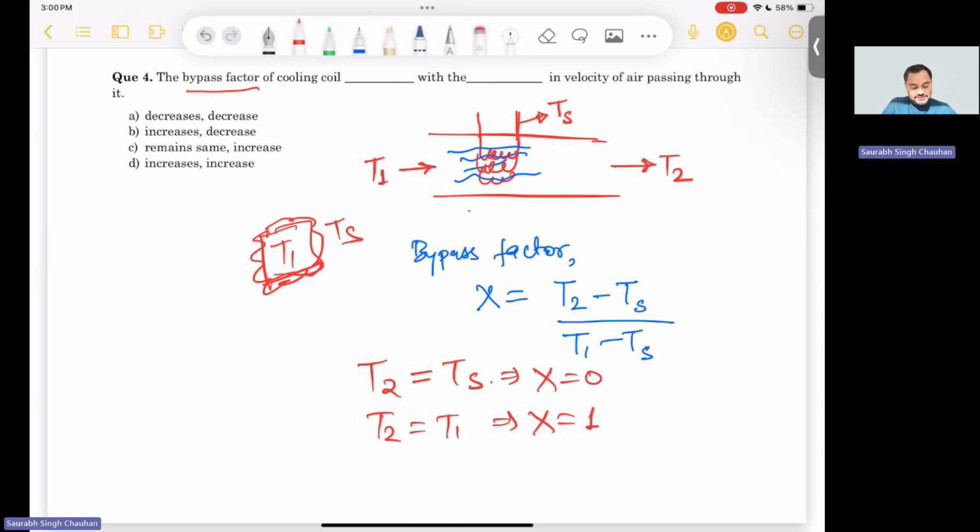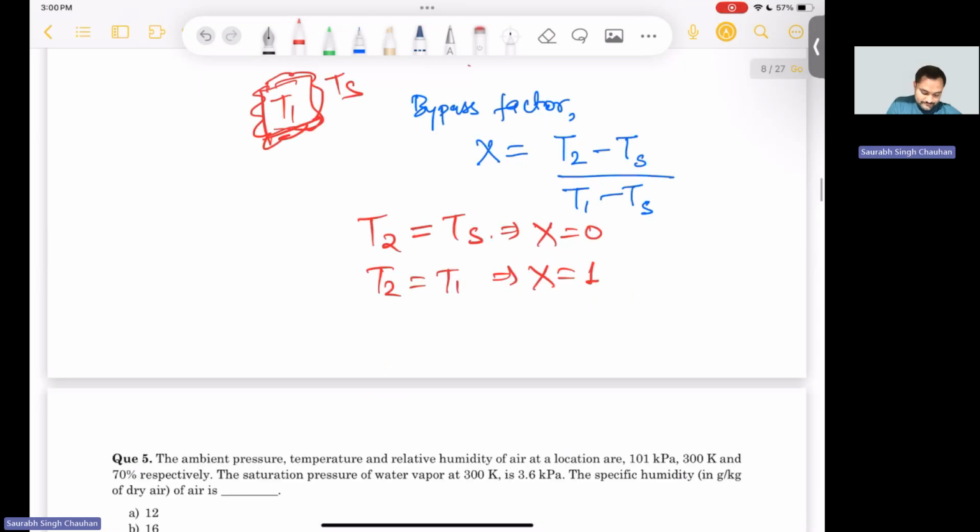So I hope these basic concepts are clear, and now we should be able to answer this question. So it is saying that with the change in velocity of air, what will happen to the bypass factor? Okay, let us say we have increased the velocity of air, okay? If we increase the velocity of air, then we will have less time for heat transfer, right?